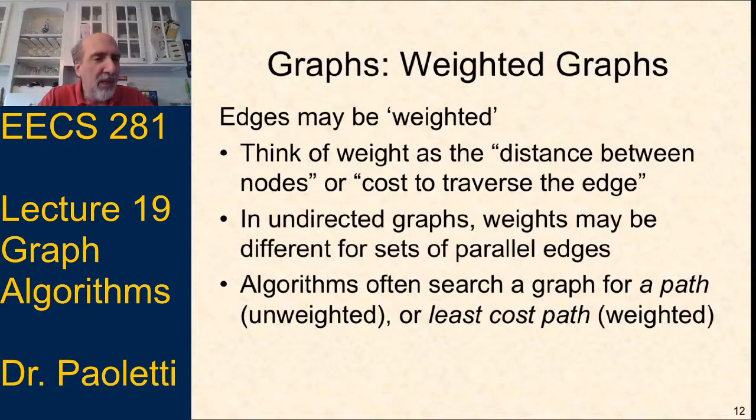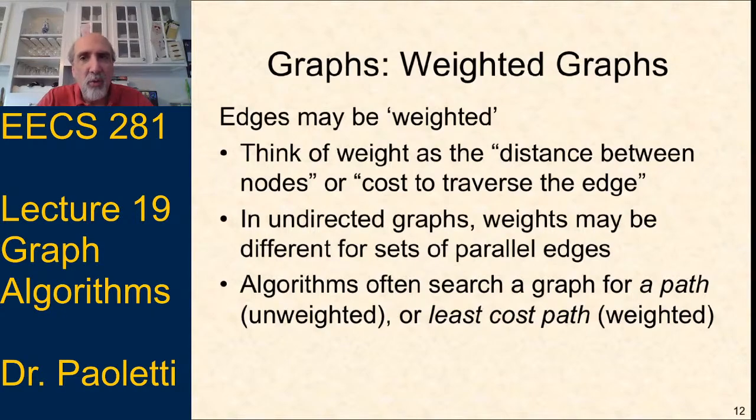But the real meaning is that there's a number associated with each edge, and if we had an algorithm where we were trying to, say, minimize the total sum of those values or maximize the total sum of those values, we could have different algorithms that would be working on those.